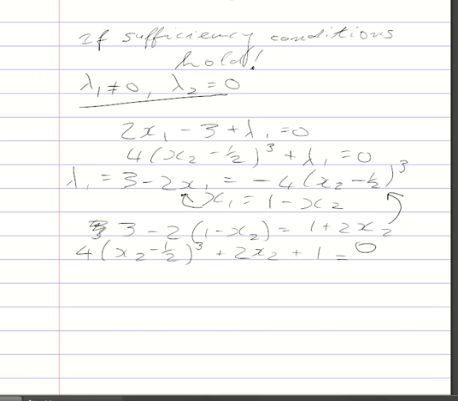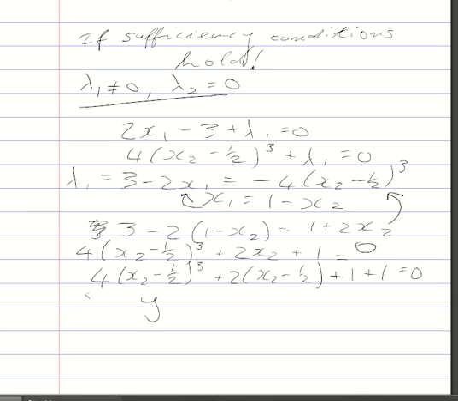Now you can either expand x2 minus a half here, but there's a slightly easier way to get to an easier equation. You keep x2 minus a half as it is, and you add another term, x2 minus a half there. Now you have to compensate for the extra number we put in there, which is minus 1, so I have to add 1.